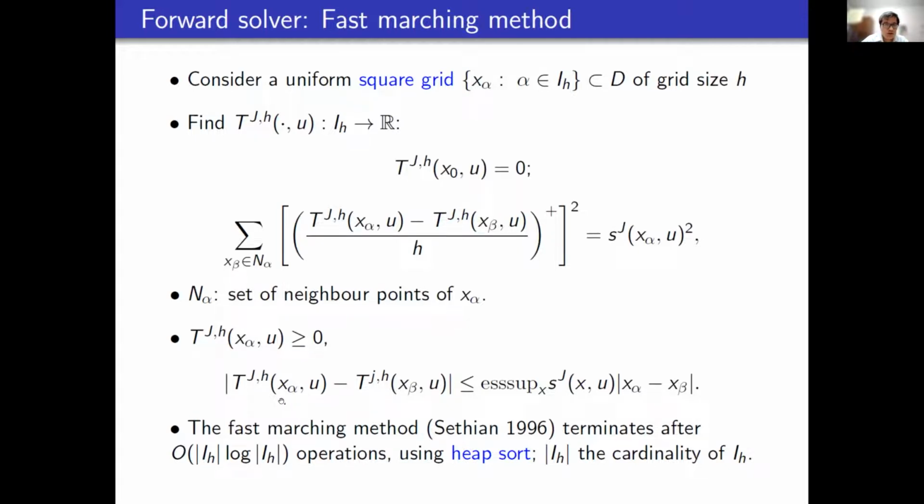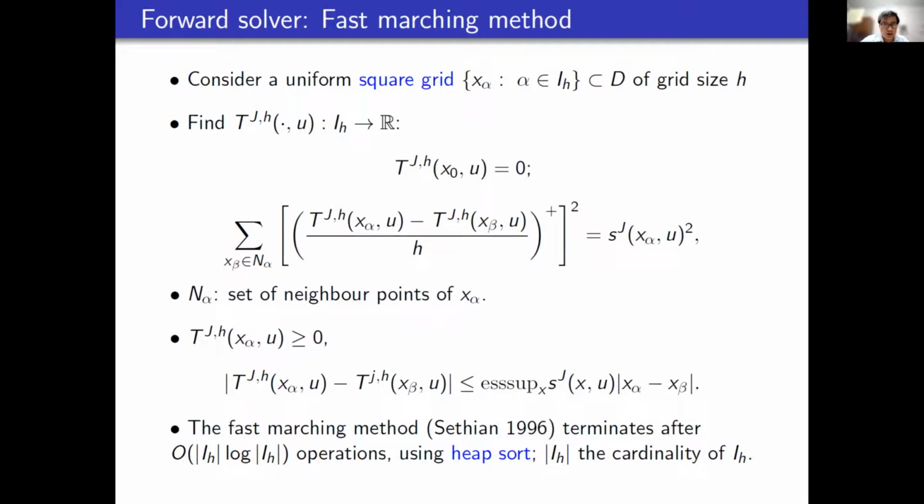That is, if you have two points inside this set, then the difference between the numerical solution at this point and this point is bounded by this right-hand side, involving the sup norm of the truncated slowness and the R^d norm of x_alpha minus x_beta. So we will use the fast marching method to solve the forward equation.